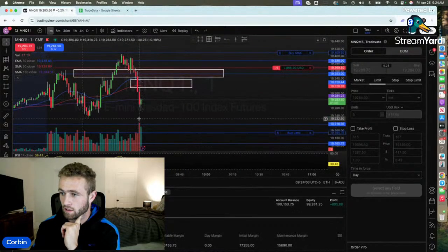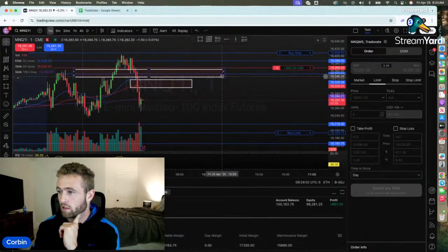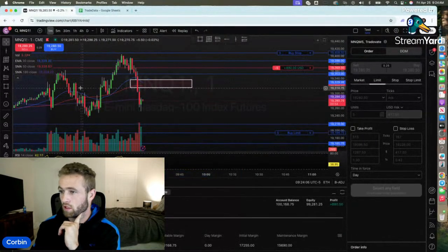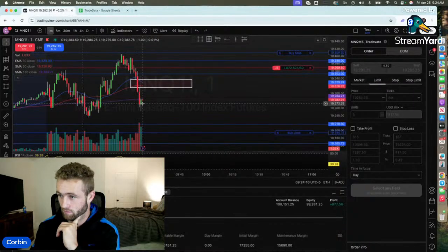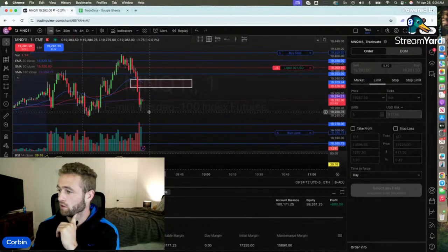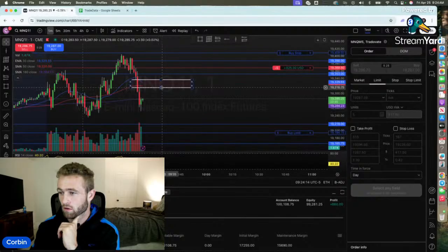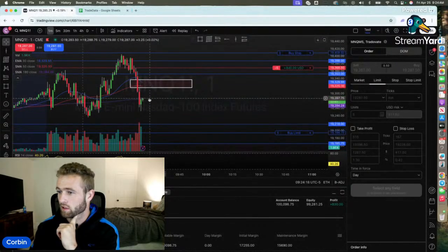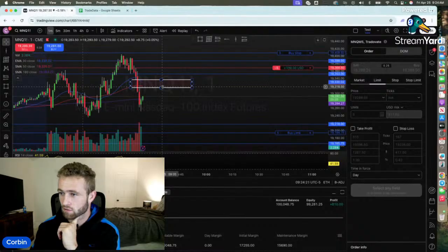That's not technically a fair value gap formed right there yet. This one got broke, so we can take care of that. But the 1 day, 1 minute formed a fair value gap right here. Let's see if we can come up and test that level.